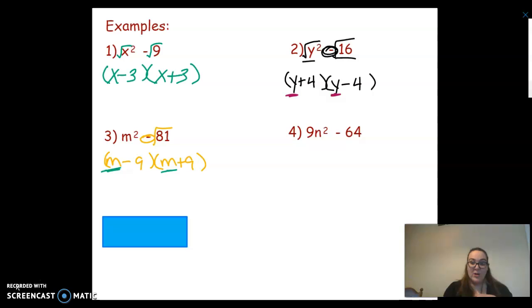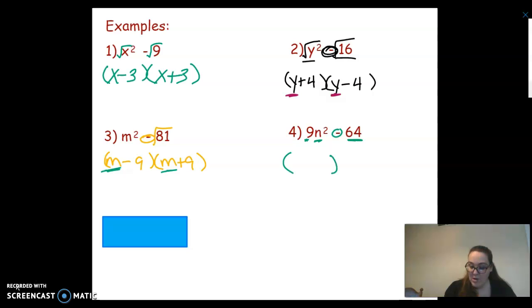All right, number 4 here: 9n squared minus 64. First, is there a GCF in these? No, there is not. Now, are they perfect squares? Well, 9 is a perfect square, and so is n squared, so together it is a perfect square. 64, again another perfect square, and guess what, there's a minus in between.